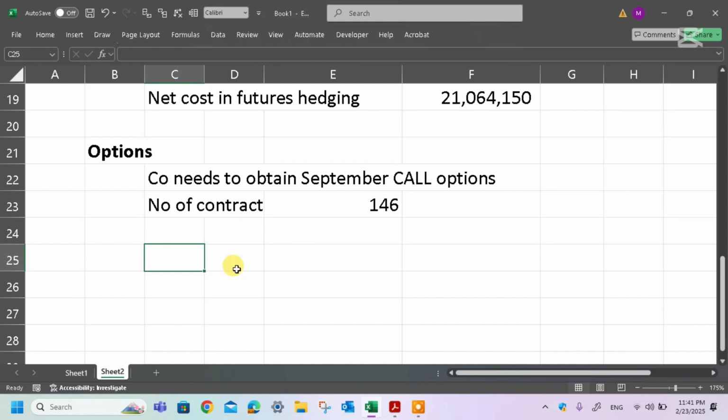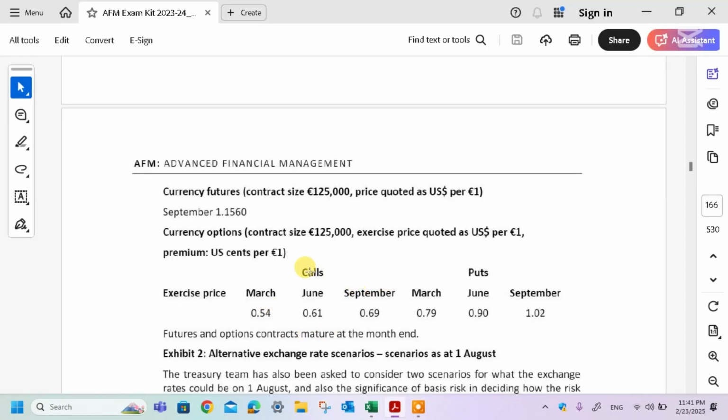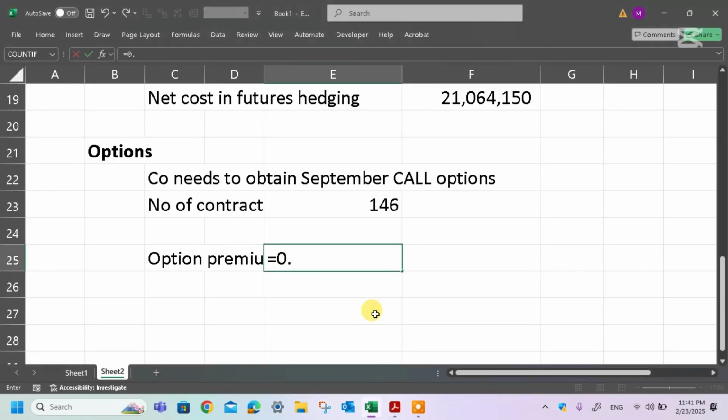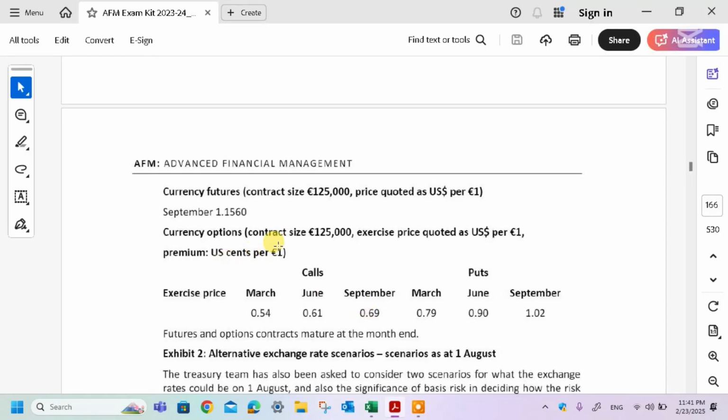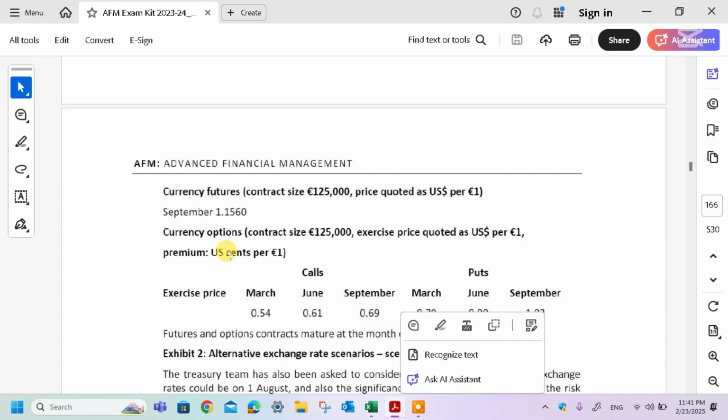So we can find the net cost here. Option premium, September call, 0.69 cents per euro.